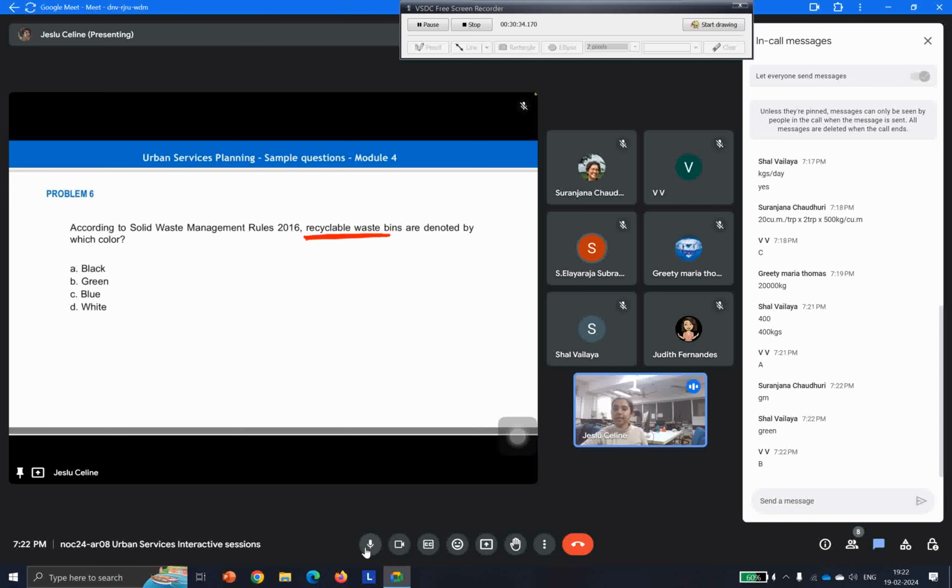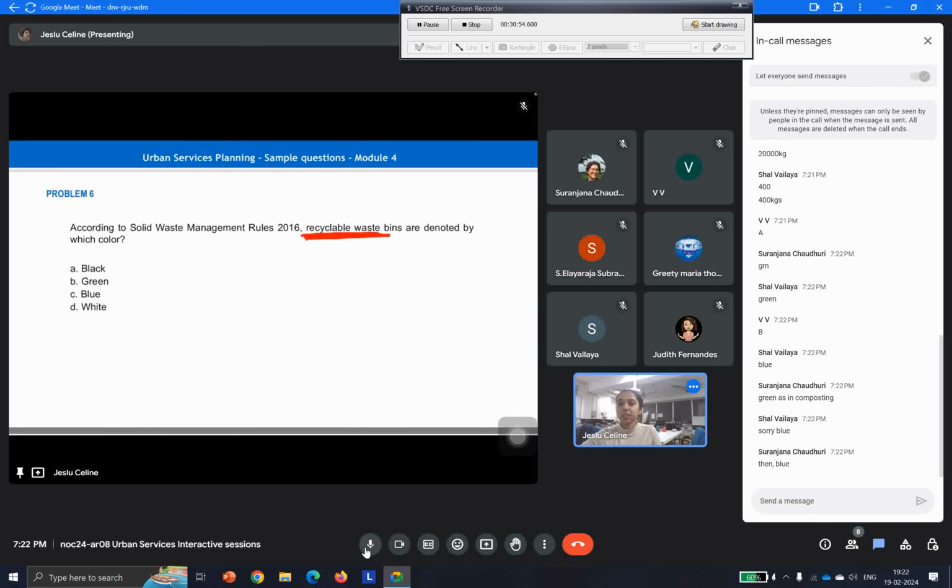We are talking about recyclable waste, not organic waste. Let me give you a hint. Green is for composting, which is organic waste. We're talking about recyclable waste. Someone says blue, okay.